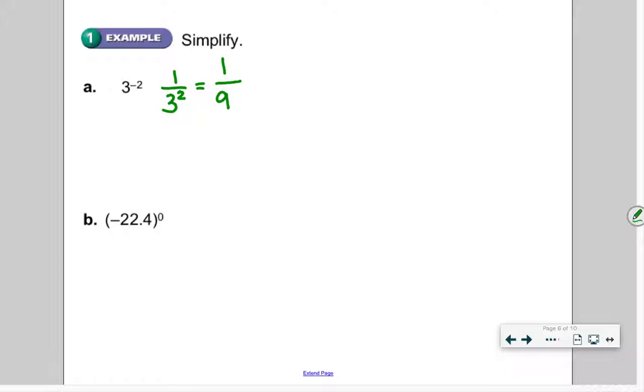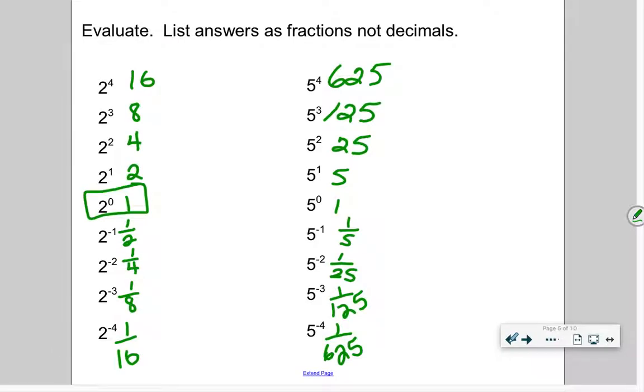Negative 22 4/10 to the 0 power. Which one is it going to be? -1. Yes. It's a positive 1. Why? Why is it a positive 1? The example that I just showed you before, I said that this would be a negative 1.